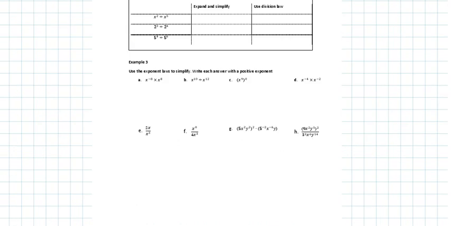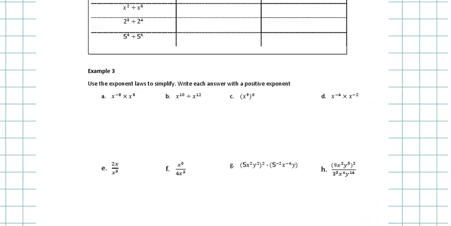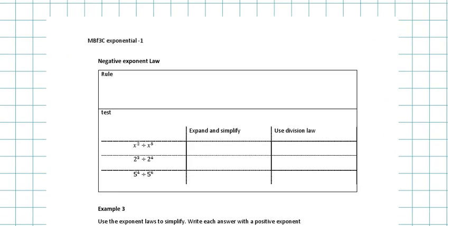But I want you to remember the negative exponent rule: if I have a to the power of negative m, it's the same thing as writing 1 over a to the power of m. And if I have a over b to the power of negative m, that's the same thing as writing what?